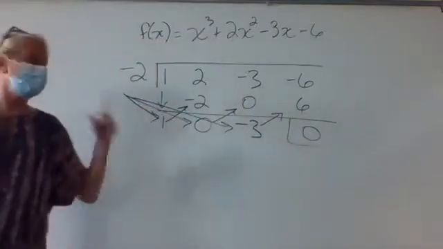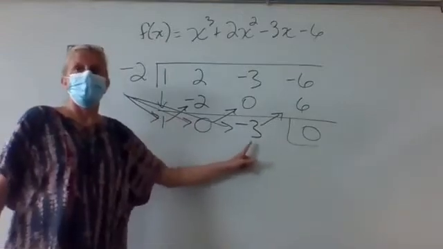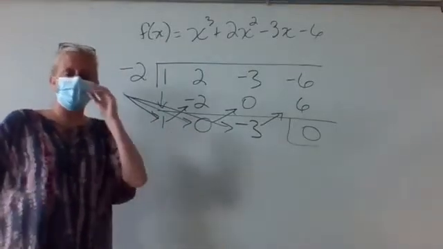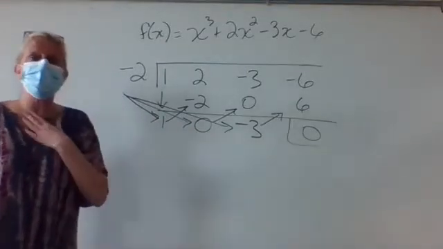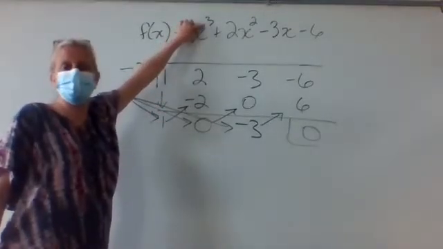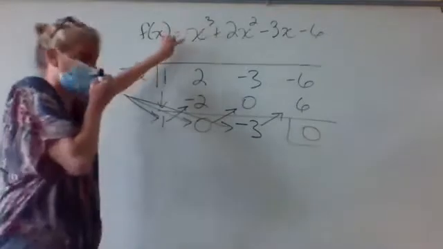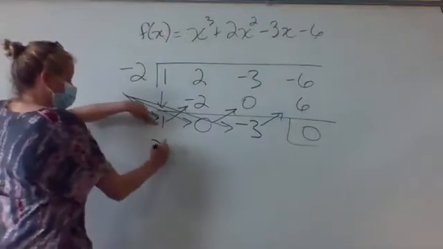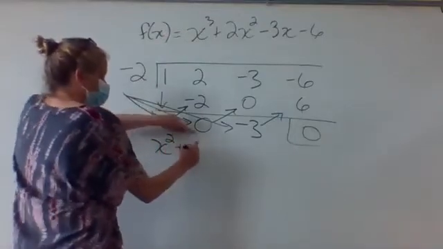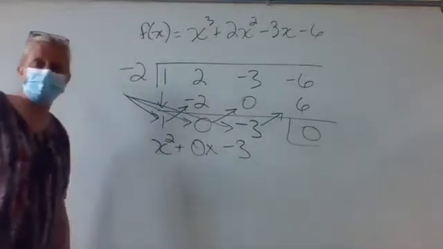Here's the thing. The solution is this. Those are the coefficients of a polynomial function starting with a degree less than this one, which means this is 1x squared plus 0x minus 3.